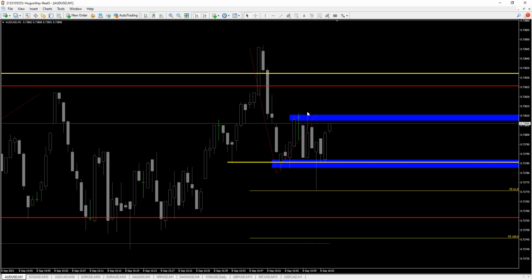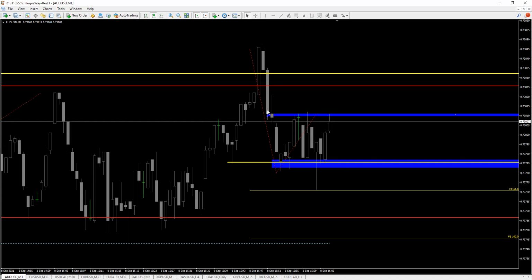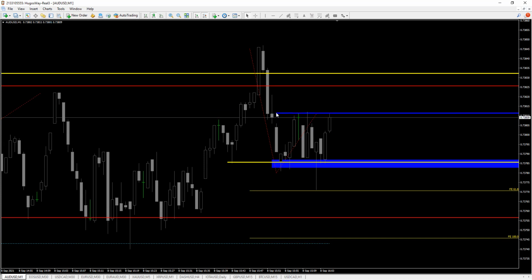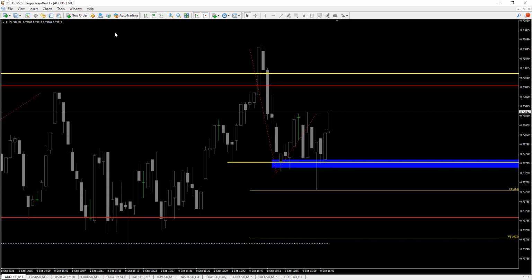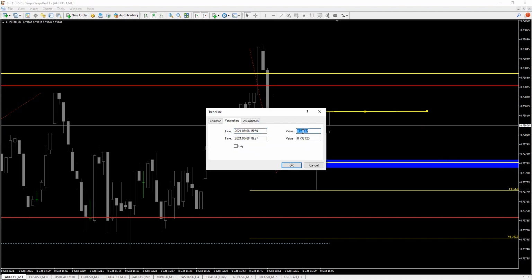Okay, the actual body, not the wicks? No, the wicks. Oh, okay. Yeah, definitely include the wicks when you're looking at support or resistance. So the wick here for the high is about right here. See how it just hit that point and turned?